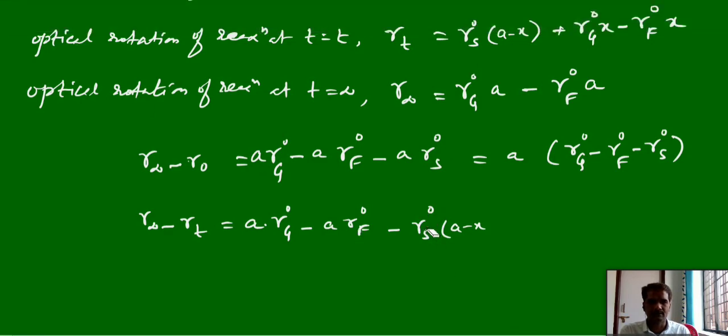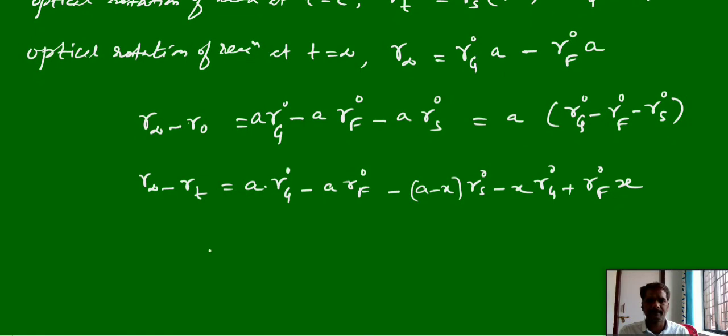This we will write like this. And minus glucose and plus fructose, and this is R G naught, A minus X, again R F naught.